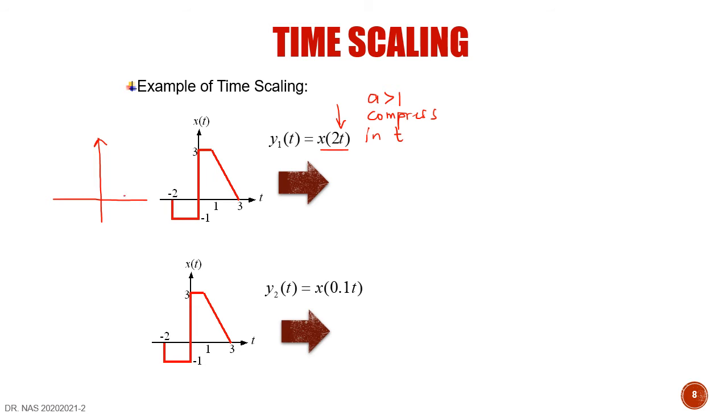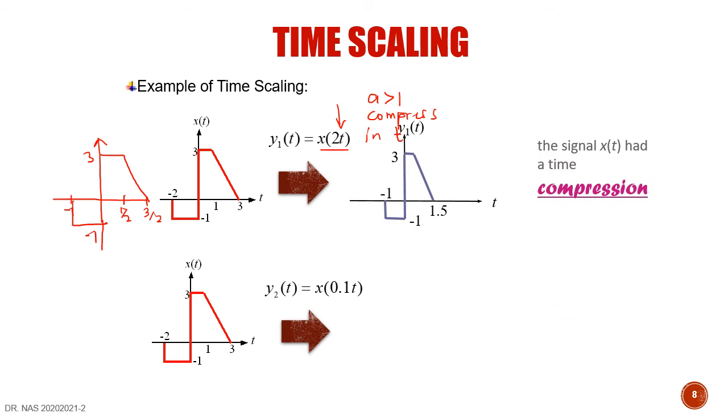So here 1 becomes 1 divided by 2, 3 becomes 3 divided by 2, and negative 2 divided by 2 becomes negative 1, but the amplitude remains the same. So here minus 1, and on top here is 3, and go down there, so the amplitude is this. 3/2 is 1.5, and the signal is being compressed in time.